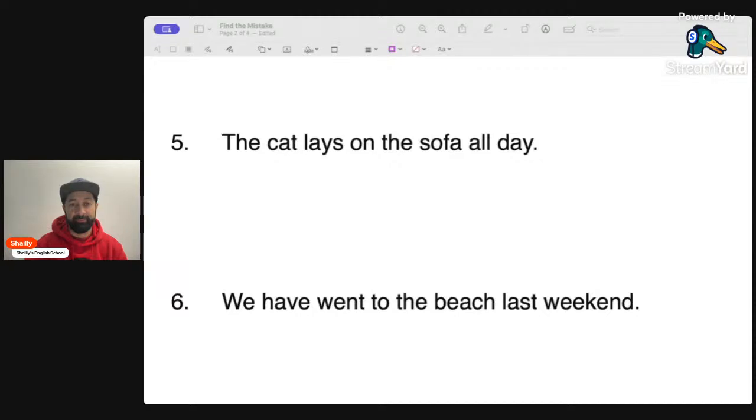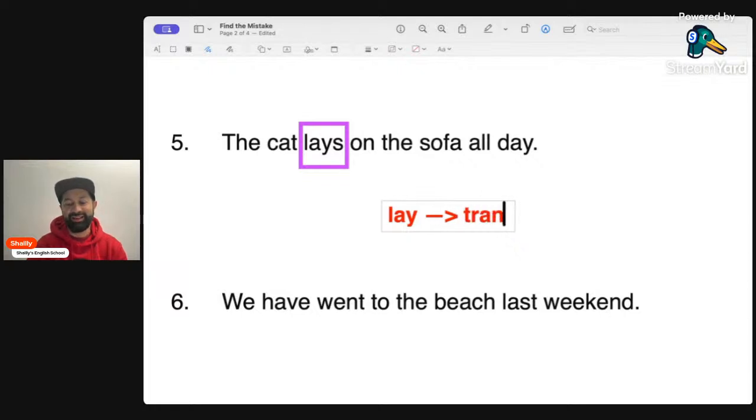All right, so for this one here, this is a tricky one. It is incorrect. The key word we're looking at here is lays. Now, to lay something, I'm going to give you a kind of difficult explanation here. Lay is a transitive verb.